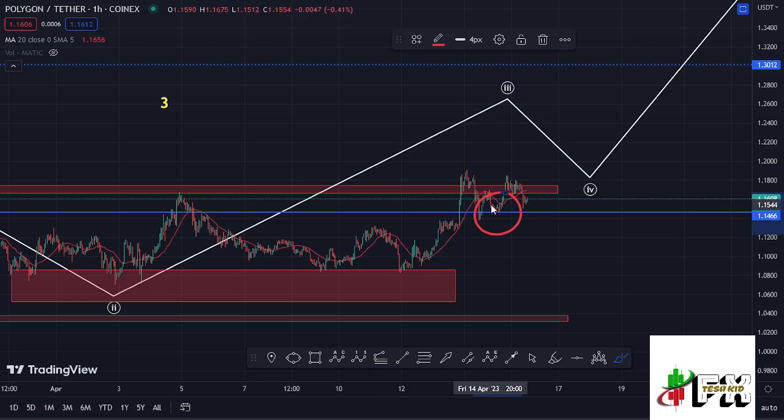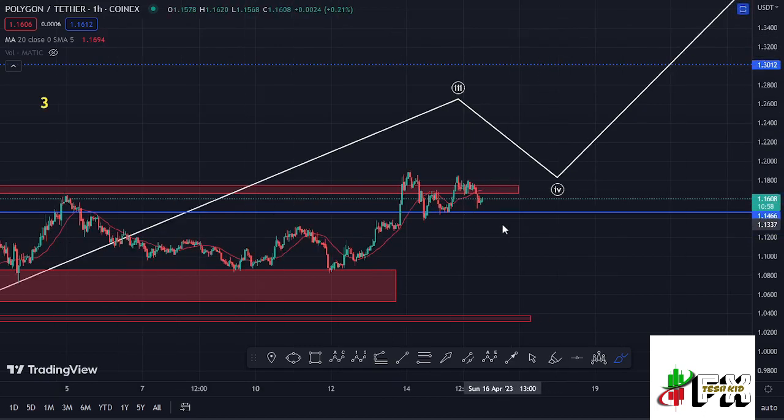And the only thing that I'm waiting for is a break above the key area of resistance at around the $1.17 mark. And the moment we manage to break above that, expect a successful retest, then continue gearing up until we fully maximize our minimum target area at around the $1.26 mark in the formation of that wave 3. So that is what I'm expecting here on the short-term scenarios.